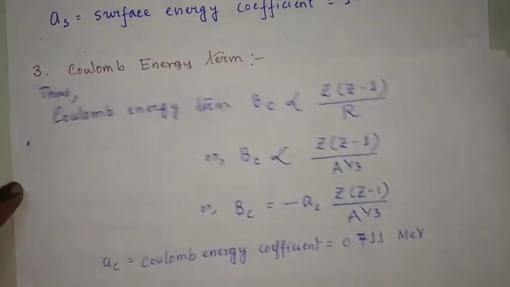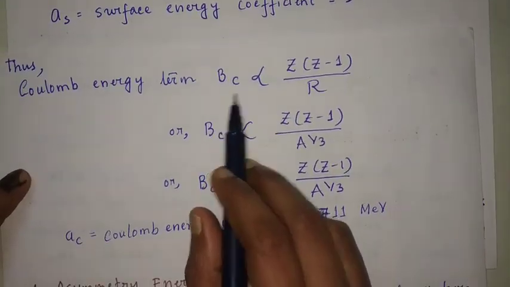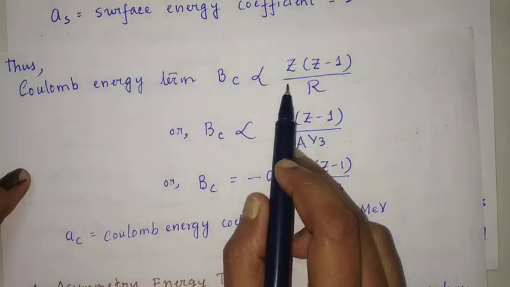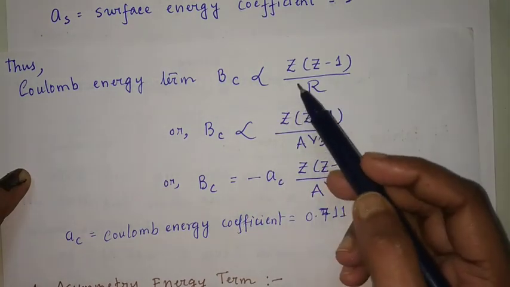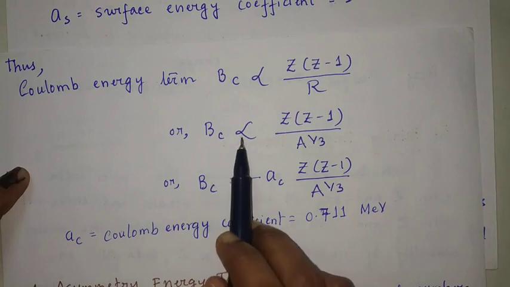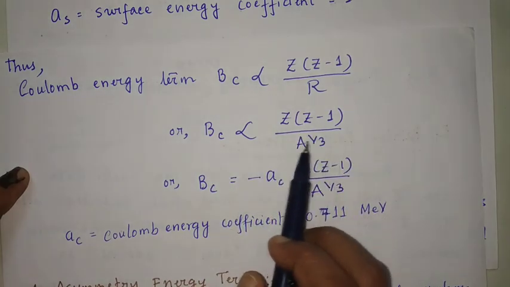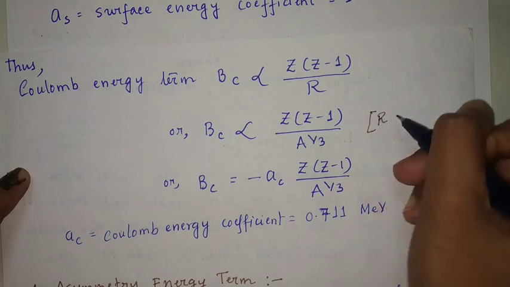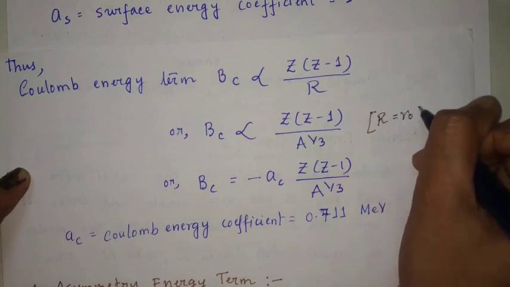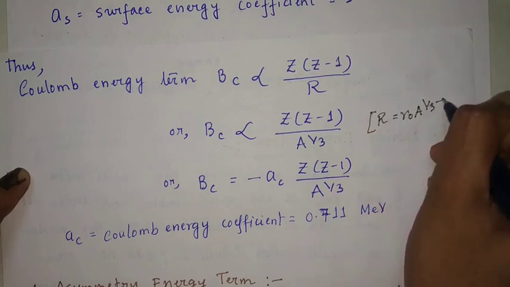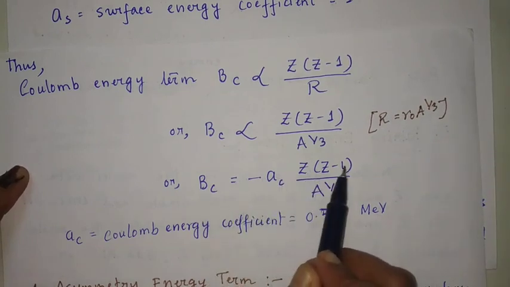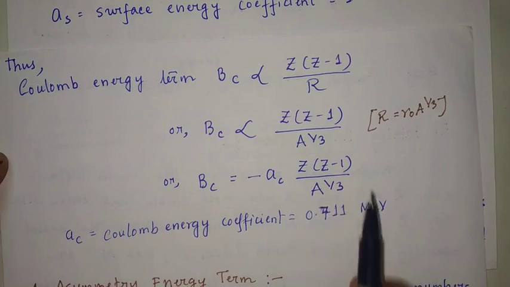So the Coulomb energy term BC is proportional to Z into Z minus 1 divided by R. We are not writing the factor of 2. So BC is proportional to Z into Z minus 1 divided by A to the power 1 by 3. Why? Because again we know R is proportional to R0 A to the power 1 by 3. So BC equals minus AC Z into Z minus 1 divided by A to the power 1 by 3.